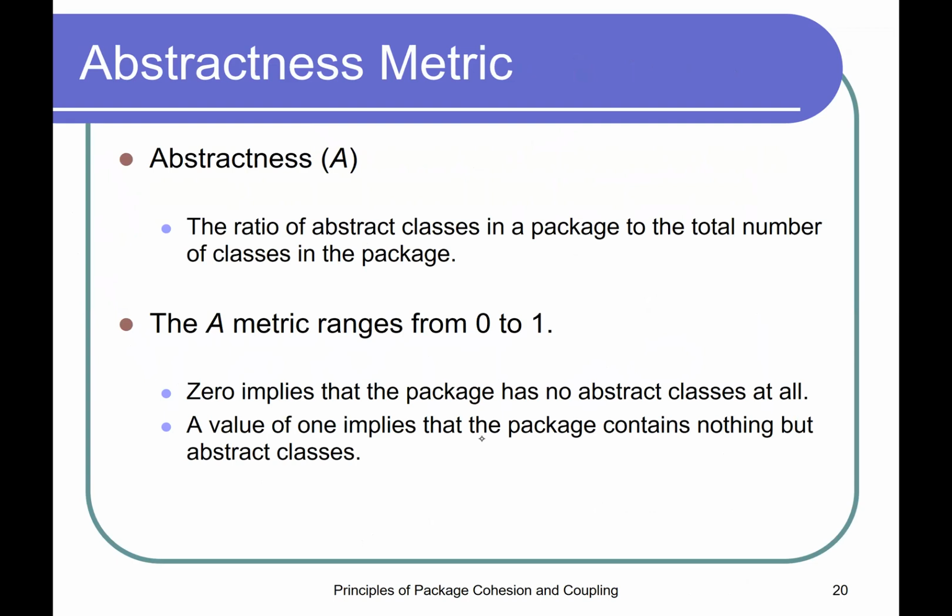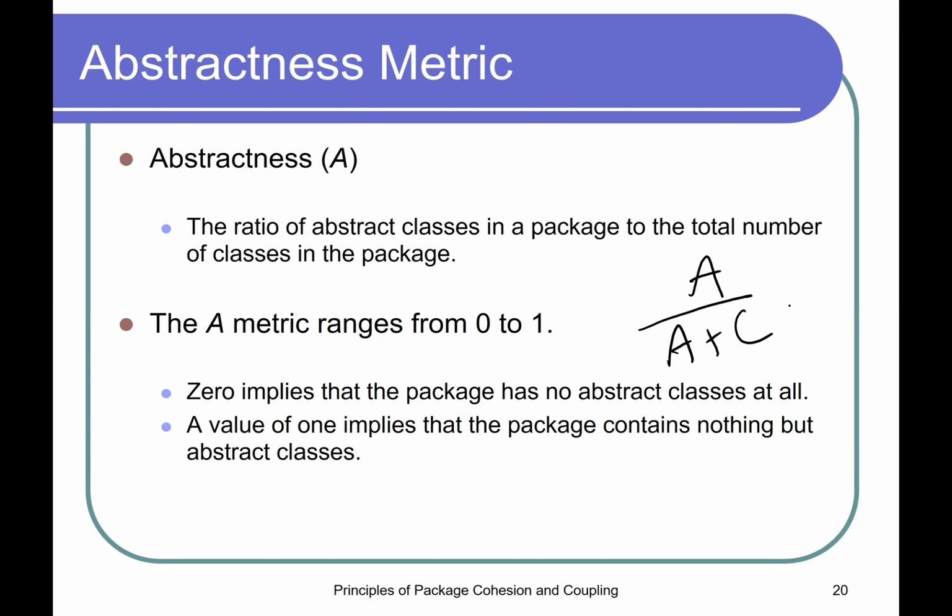A value of 0 implies that the package has no abstract classes at all, whereas a value of 1 implies that the package contains nothing but abstract classes. So it's A divided by A plus C, where A is the abstract classes and C is the concrete classes.